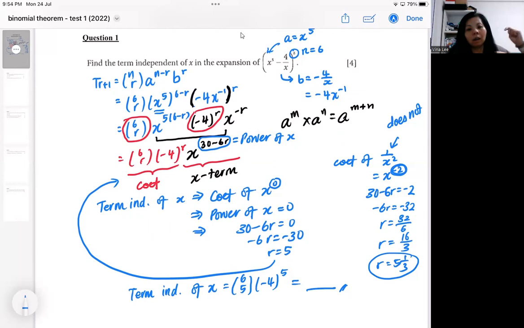So that's why sometimes when they ask you an explanation question, why this coefficient doesn't exist, you can also use the general formula. If the general formula leads you to an r that is not an integer, that means that coefficient doesn't exist. Okay, so generally the term independent of x is also asking you for the constant. So it all boils down to the coefficient of x0 and the power of x is equal to 0.